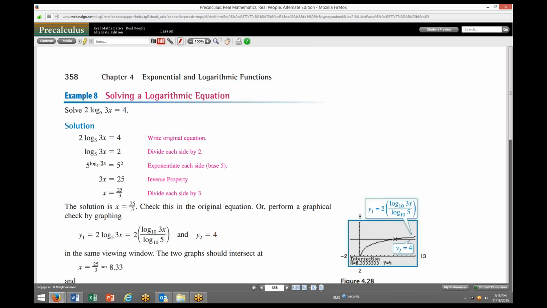I'm going to skip over this step they did and jump down to this next step, which tells us that interpreting log base 5 of 3x equals 2 means that the base 5 to the 2 power is equal to 3x.